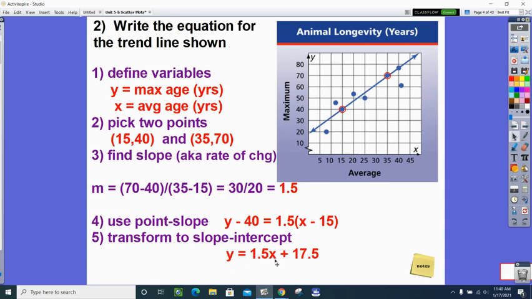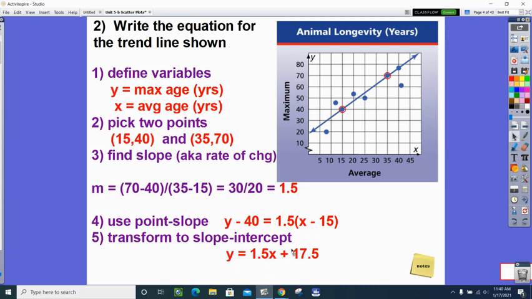So if I fill in an X value, and let's say that giant tortoise on average lives to be 60 years, and I take 1.5 times 60 and add the 17.5, that would be my prediction of what the maximum year would be. I also could put in a maximum year and solve the equation for X to get the average.